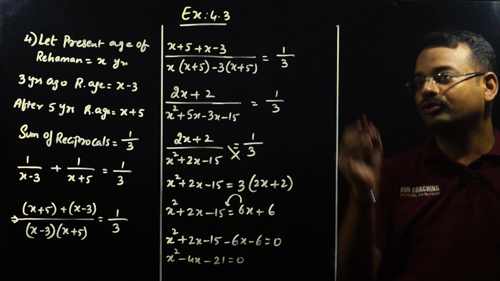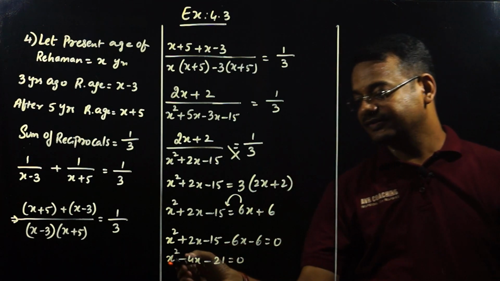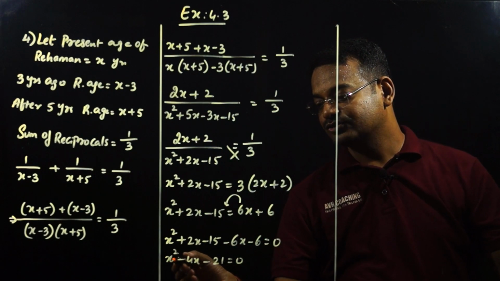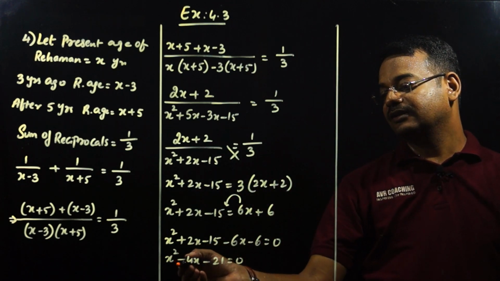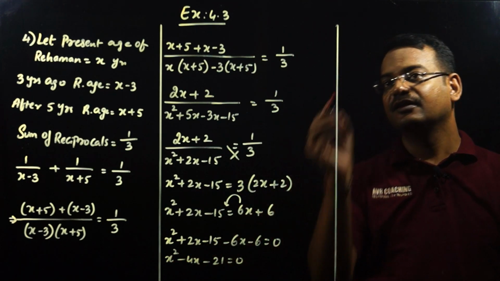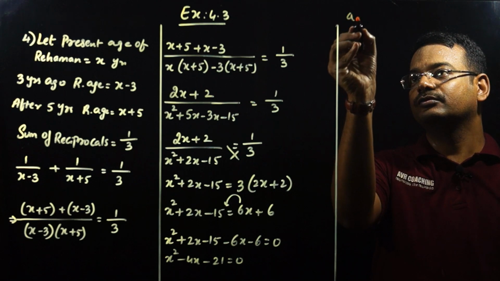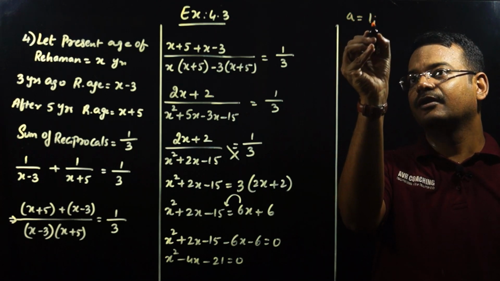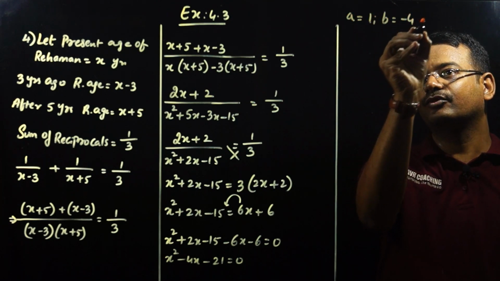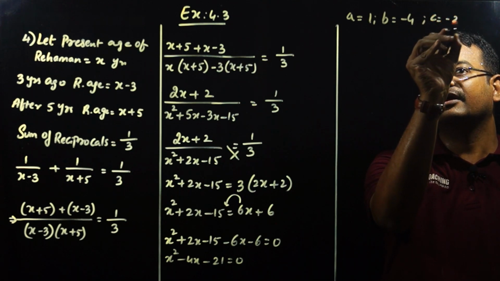This is a quadratic equation. If we compare it to ax square plus bx plus c, therefore a is equal to 1, b is equal to minus 4 and c is equal to minus 21.